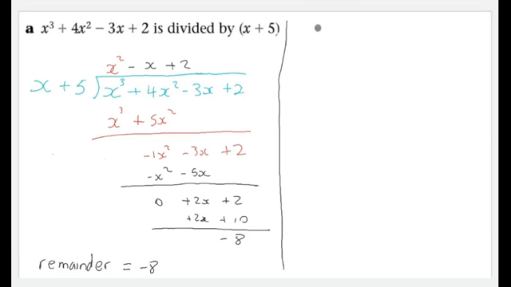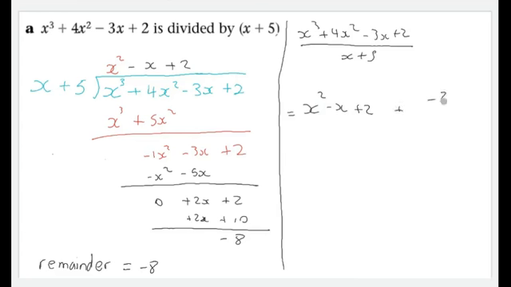Writing that, x cubed plus 4x squared minus 3x plus 2, all divided by x plus 5, in actual fact equals the answer bit that we get, so that's our whole number part, x squared minus x plus 2, and we always add the remainder on top of the thing we were dividing by.